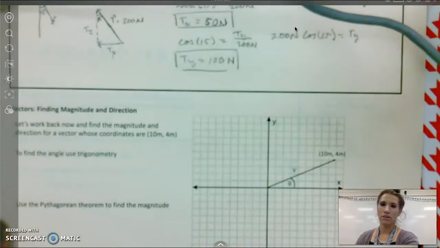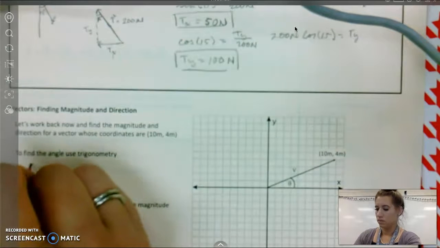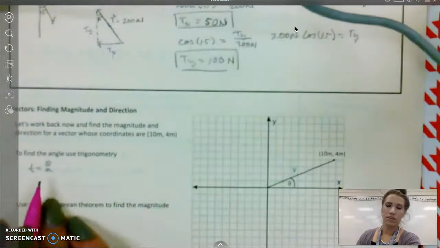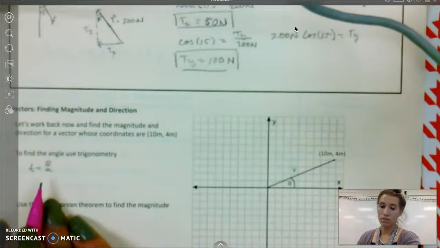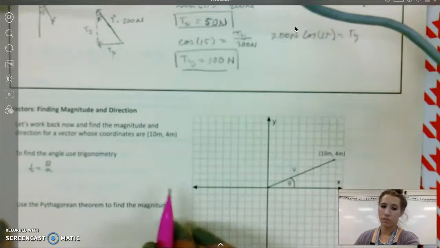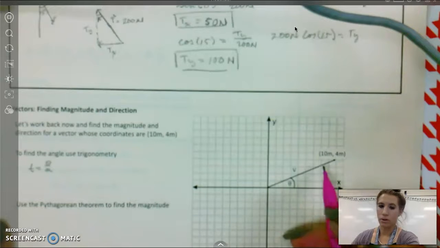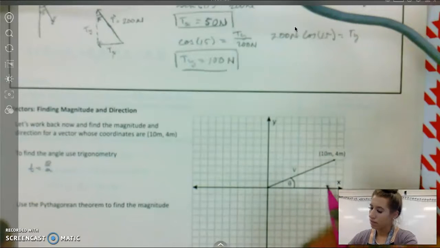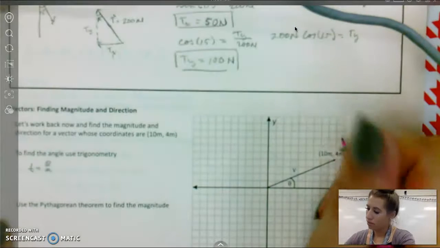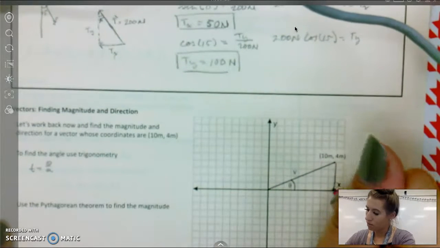So we know our x and our y, so when we think of SOHCAHTOA, tangent is the only one that does not contain the hypotenuse, and we don't know those values. We know the x and the y, but we don't know our hypotenuse, right? Because we have an x component here, and then we have a y component.